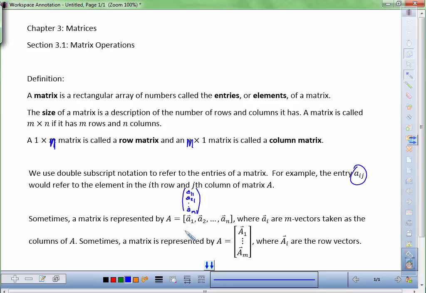Is the little a supposed to have the i index or the j index? The little a is counting the number of columns. So if I were to put an i or a j, I'll put a j index there because it's the number of columns.